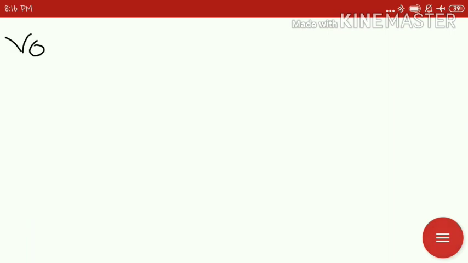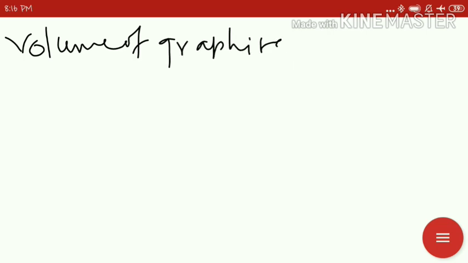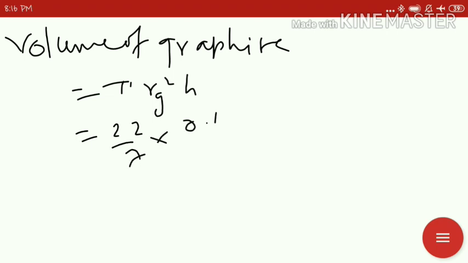So the volume of the graphite part: if we apply pi Rg squared into h, that is 22 by 7, the radius is 0.1 by 20 and 0.1 by 20, and the height is 14.